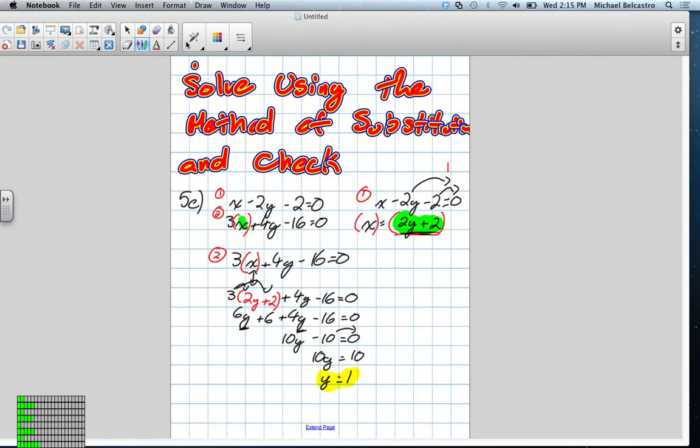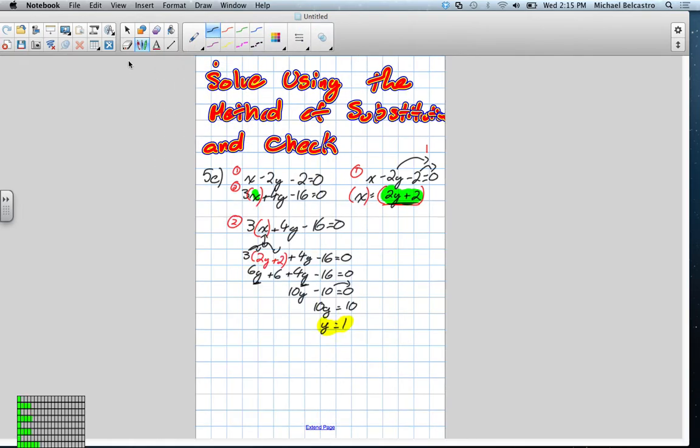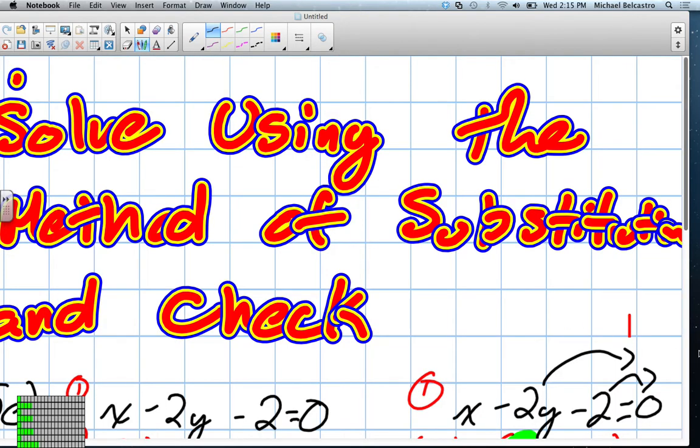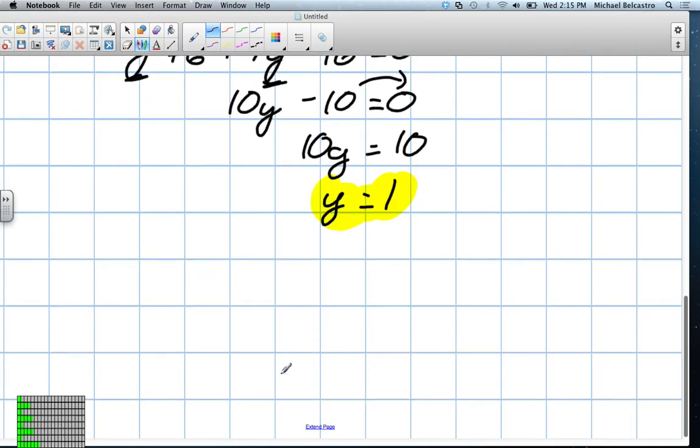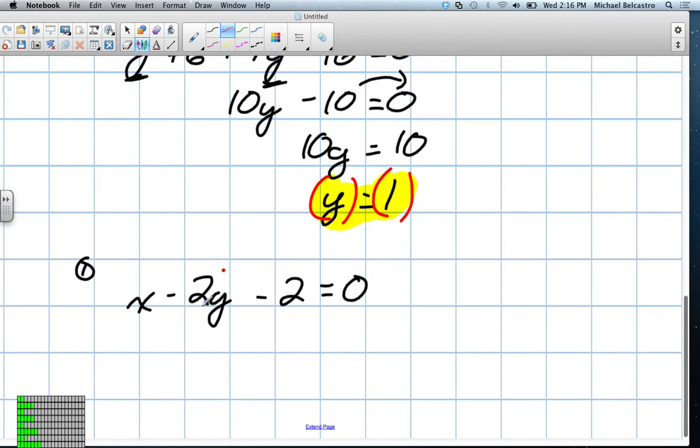Okay? So the first question read, x minus 2y minus 2 equals 0. So the first expression was x minus 2y minus 2 equals 0. Well, just like we substituted before, y is equal to 1, so I now replace the y in this equation with the number 1.